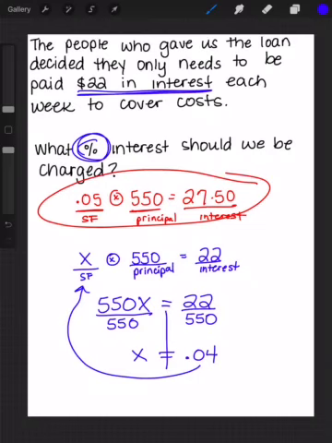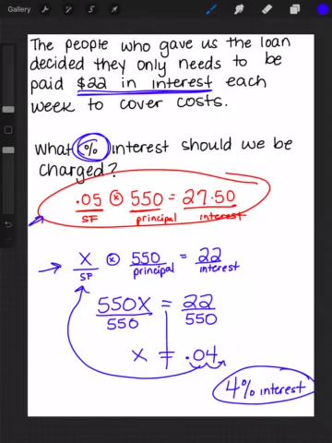So I move my decimal point over twice, and I realize that I need to pay 4% interest to meet their $22 cost. So you're basically doing the same setup for the equation, but you're solving for a different part. Instead of solving for the interest, you're solving for what your scale factor is and then changing it to a percent.